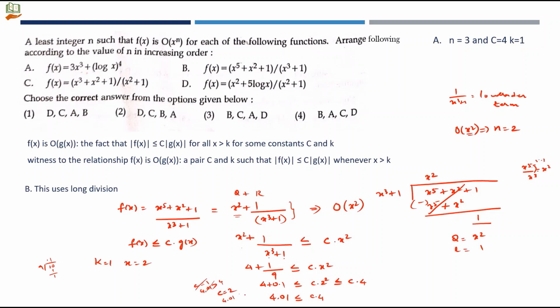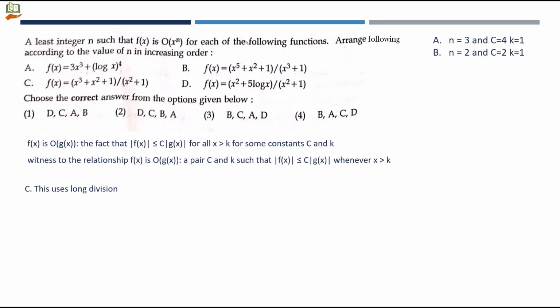So that 4.01 will be less than or equal to 4 into 2, which is equal to 8. So let me take c is equal to 2. This will make the equation as 4.01 less than or equal to 2 into 4 is 8. So in this case we can mark c is equal to 2. So we have three values here, n is equal to 2, c is equal to 2 and k is equal to 1. Now let's go for the c part.